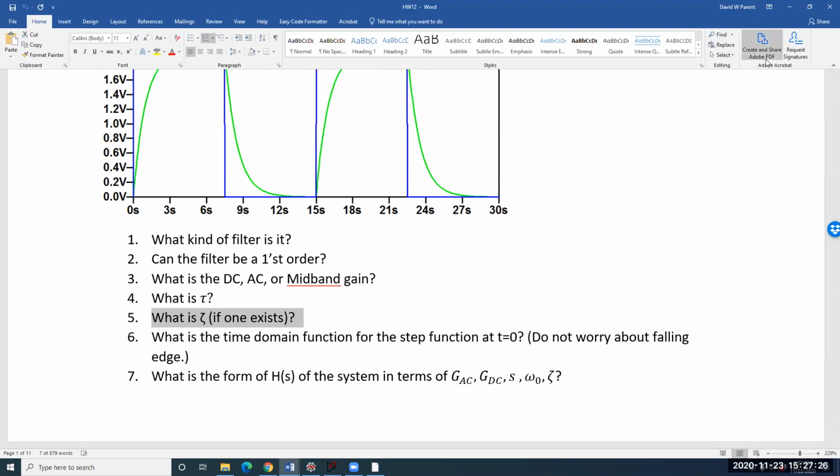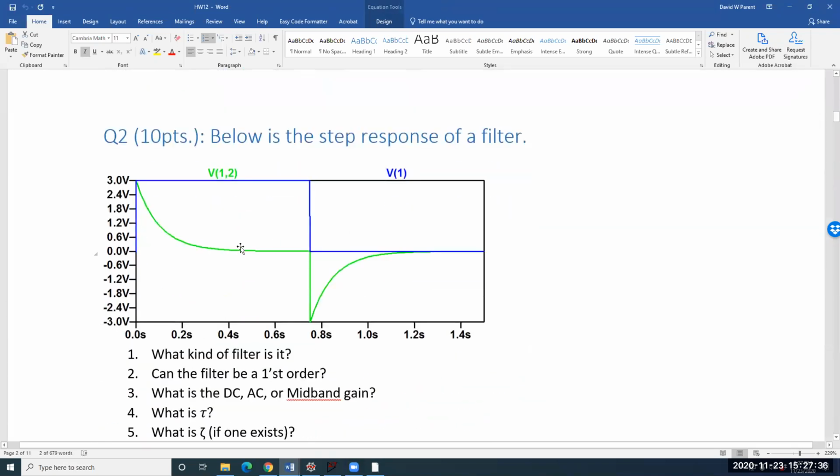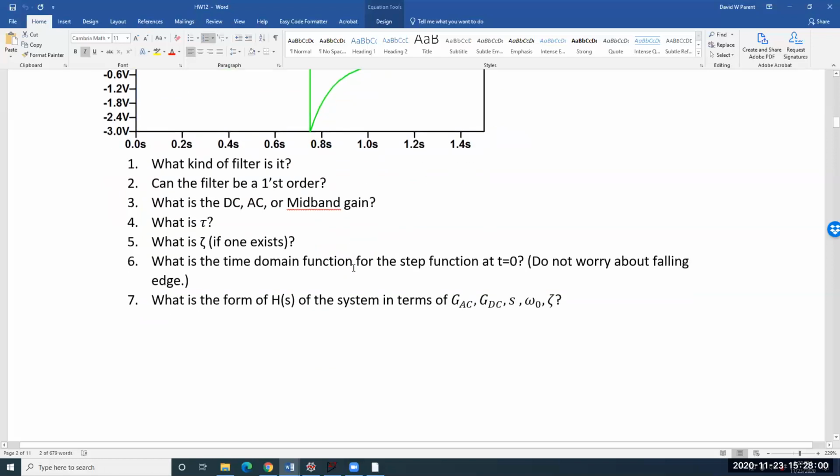But really, zeta is a second order thing, right? And then there's the gain, and you have to write that back, right? You should be able to see what this is pretty well. So if at time equals 0 we're going to 1, well, then what's happening to the transfer function at s equals infinity? So you do it backwards from the way I told you.